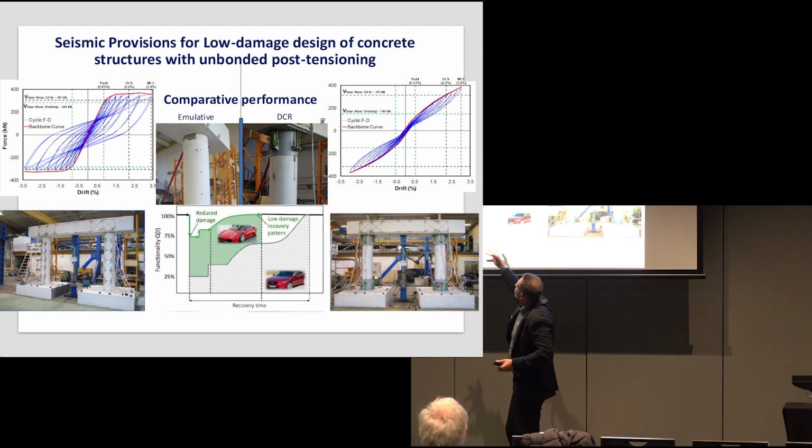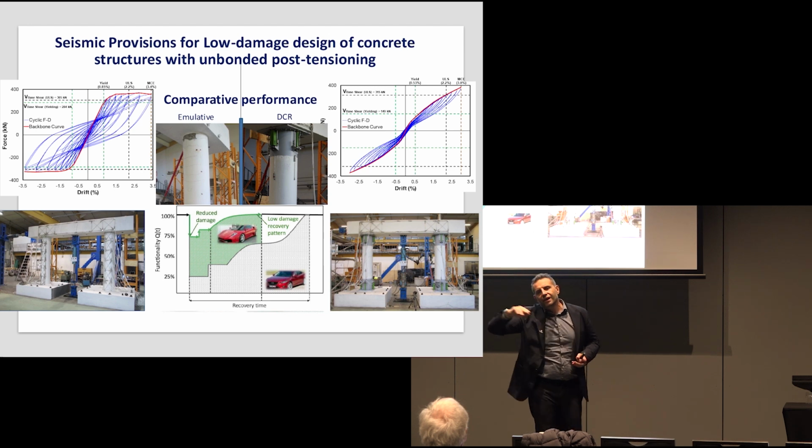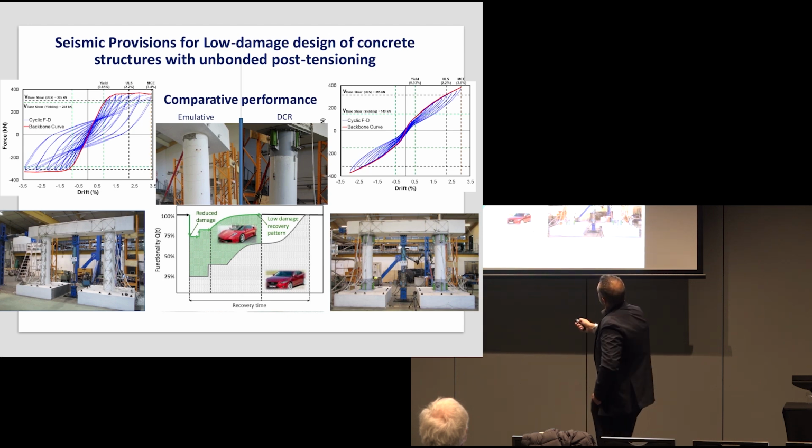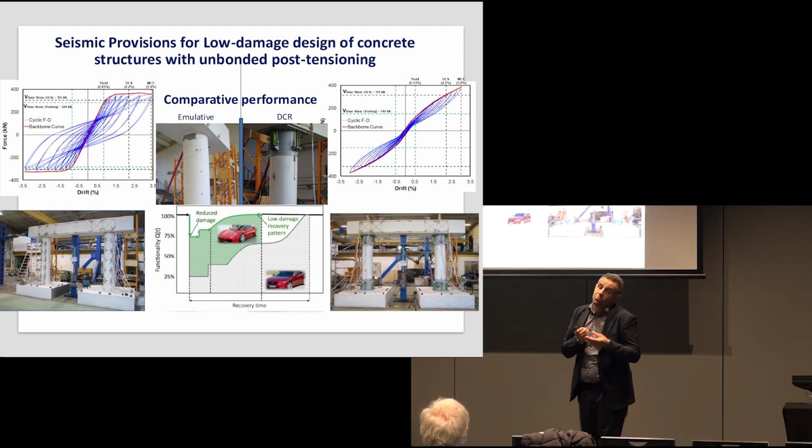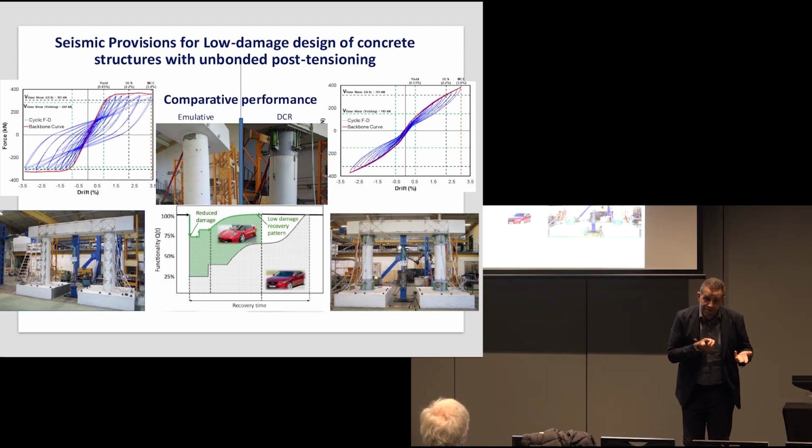Now, when we talk about resilience in earthquake engineering, we talk about functionality, the ability to recover after an earthquake, right? So what will happen? Most likely we will have to replace only the devices. But if you also design the devices carefully, or if you use a viscous damper, for example, you may not even have to replace the devices.